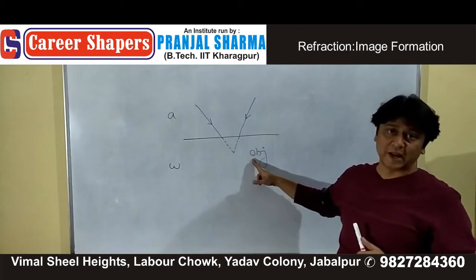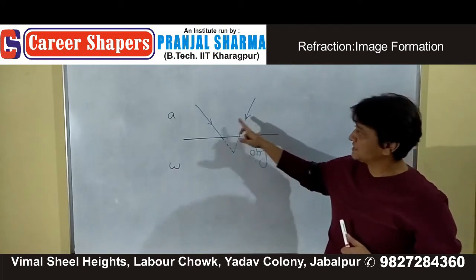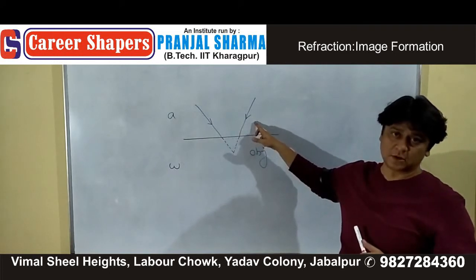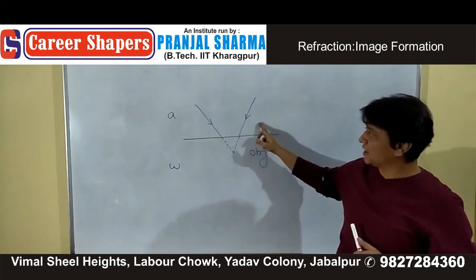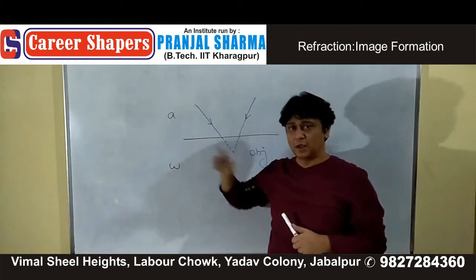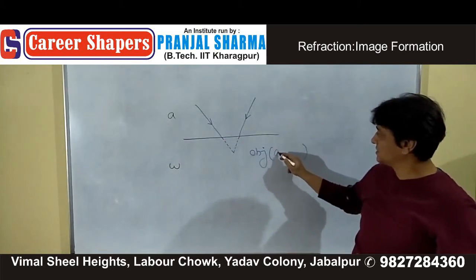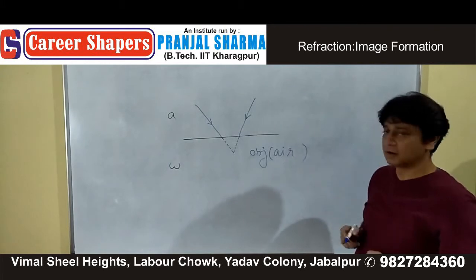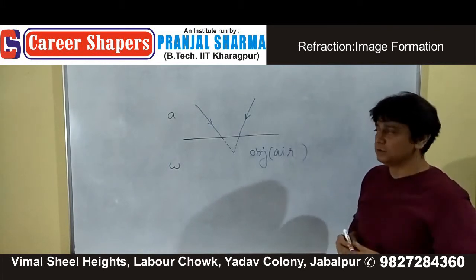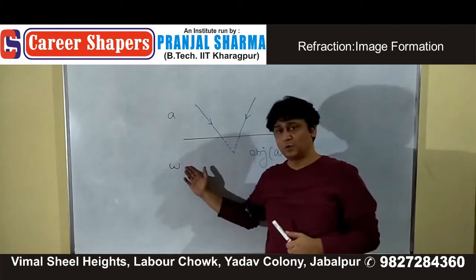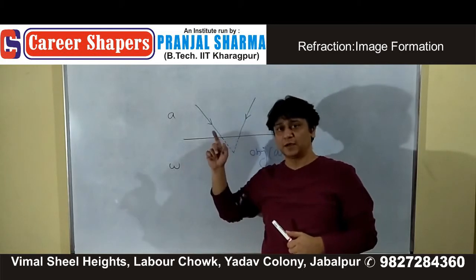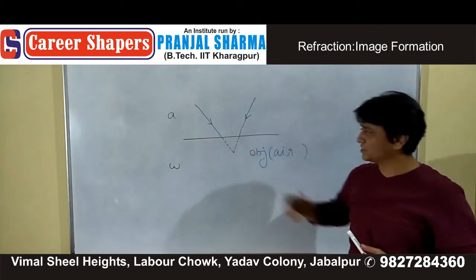Object formation takes place with the help of incident rays. Incident rays are present in air, and therefore this object is in air. But to you, it appears in what? Water. It is in air. To you, it appears in water.